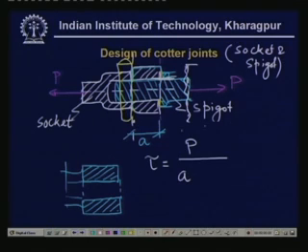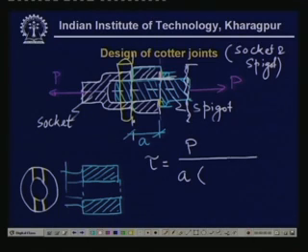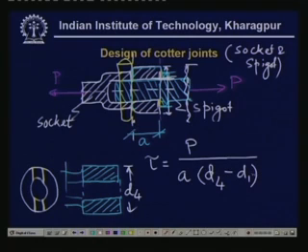If you draw the cross section, it becomes these 4 lengths together times this distance a, which is a times the outer diameter, let us say D4, minus D1, and twice of that.